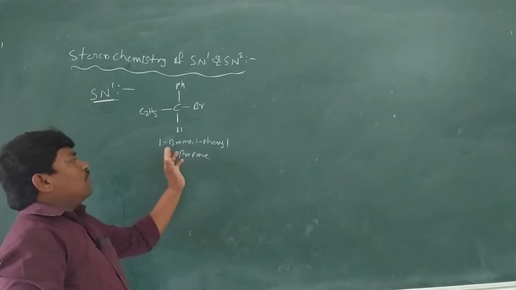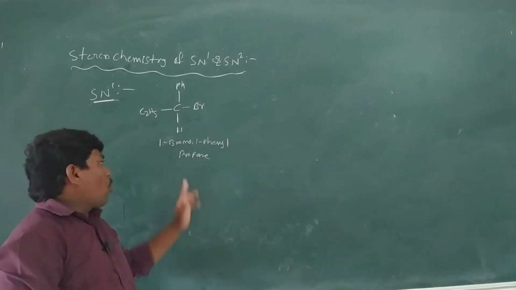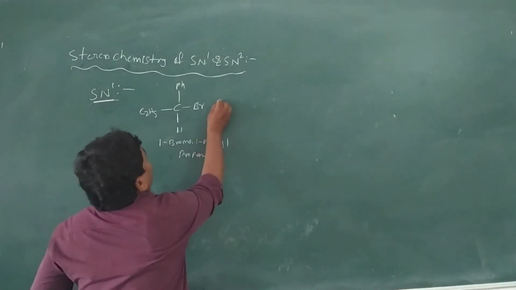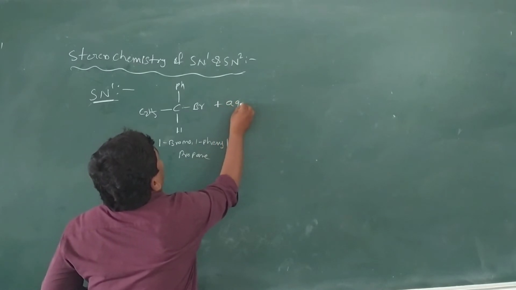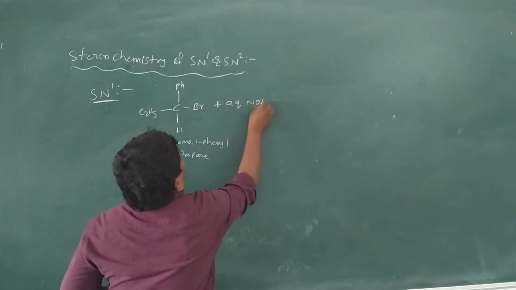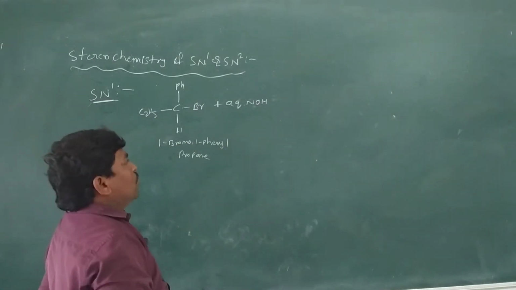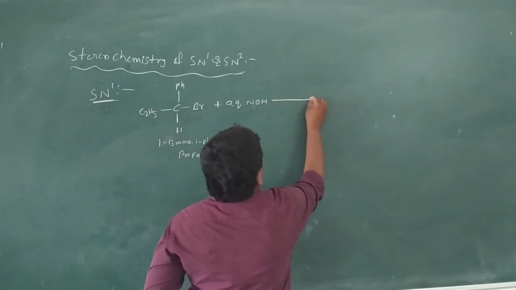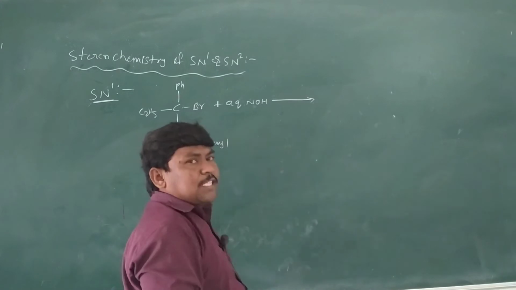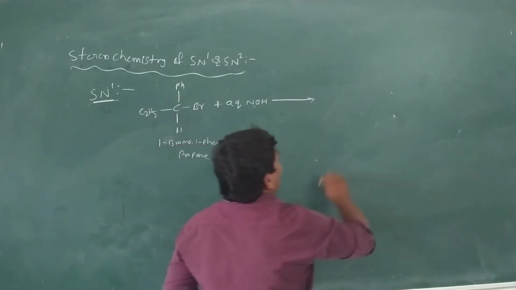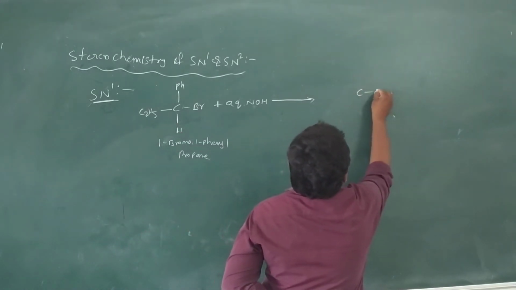The compound name is 1-bromo-1-phenyl propane, reacted with aqueous NaOH to form a racemic mixture.